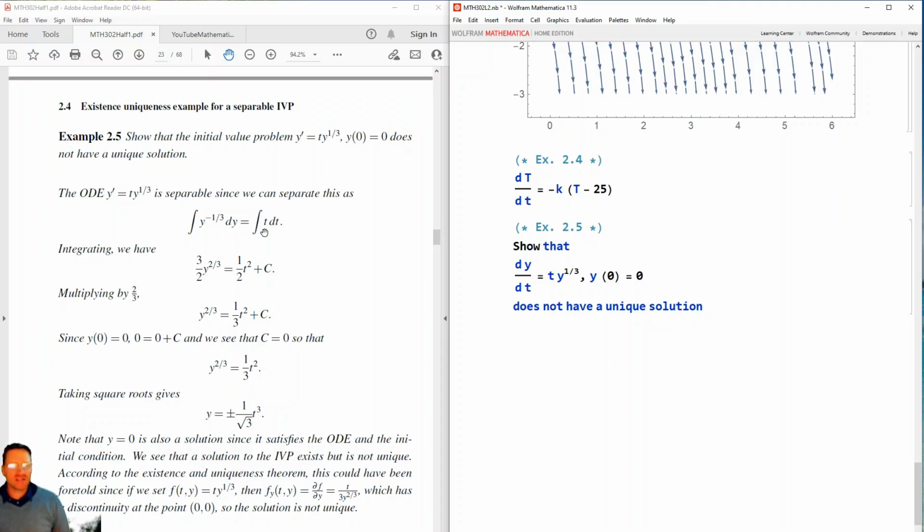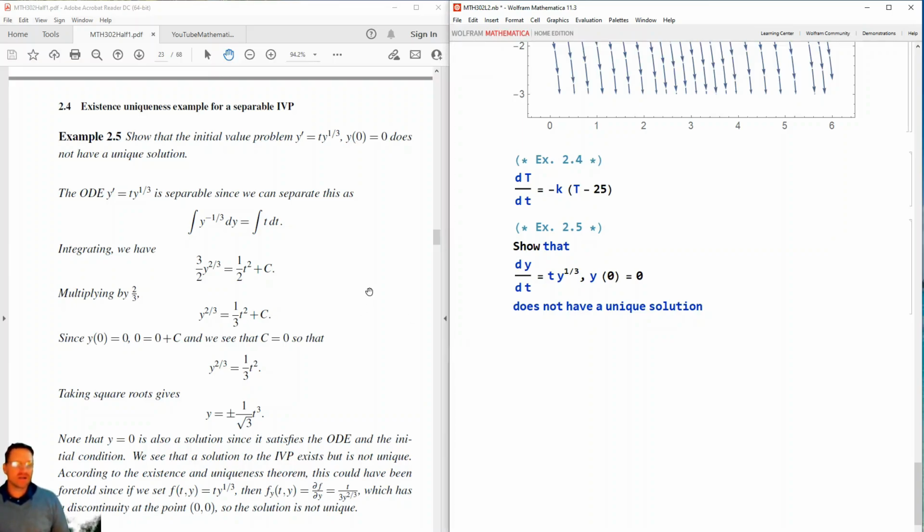And the integral of t that we have on the left is just 1/2 t squared, and now we need a constant of integration. Okay, so we would multiply throughout by 2/3 to cancel that 3/2 and attempt to solve for y as a function of t. So we get y to the power of 2/3 is 1/3 t squared plus c.